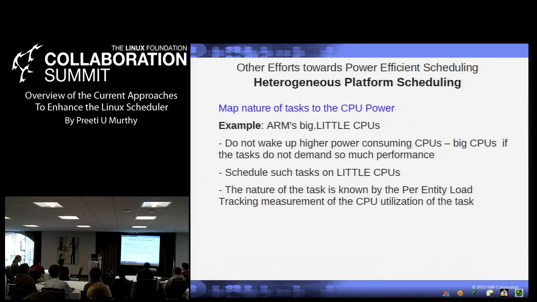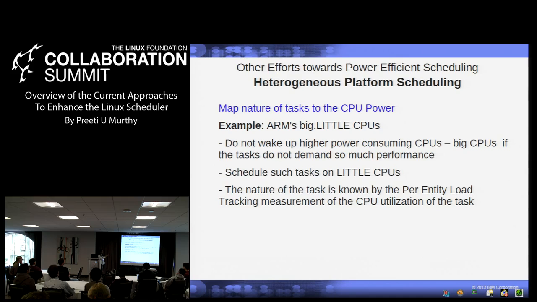At this point I would like to introduce my last topic, the other efforts that are being made towards increasing the power efficiency of the scheduler, and one is the most spoken about, ARM's big.LITTLE CPUs. It's very simple. Big and little are just that: more CPU power and lesser CPU power.